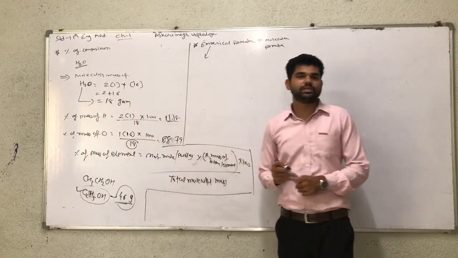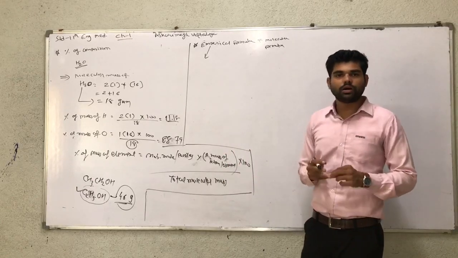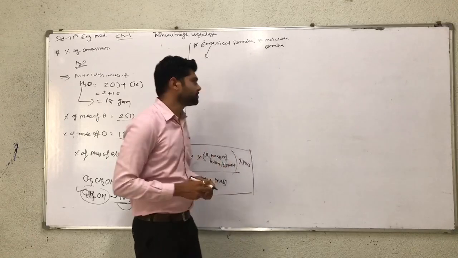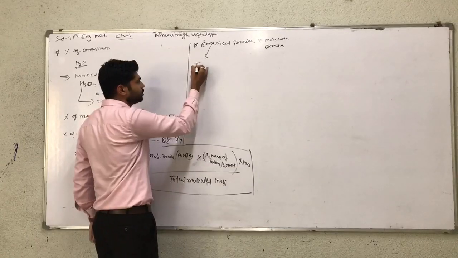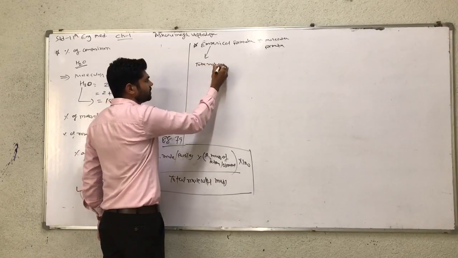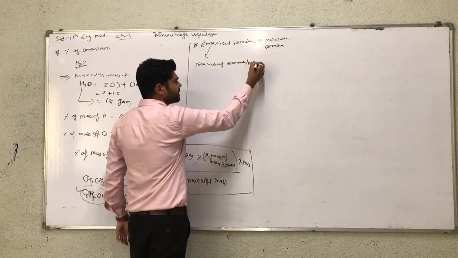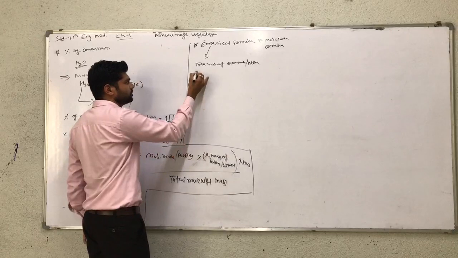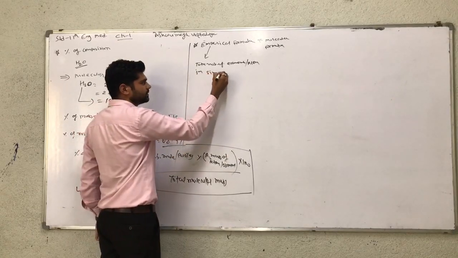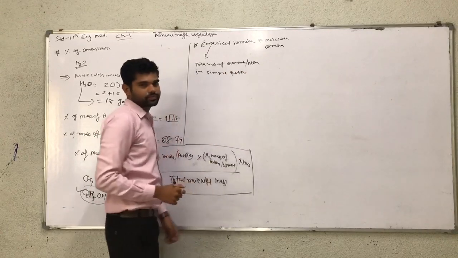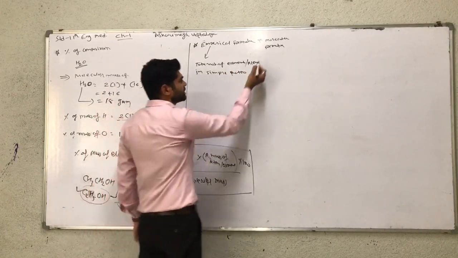Empirical formula means the total number of atoms of each element present in the compound in a simple ratio. Understand it with another example.